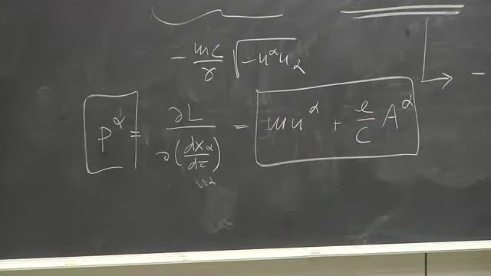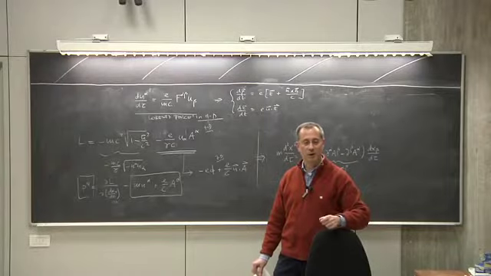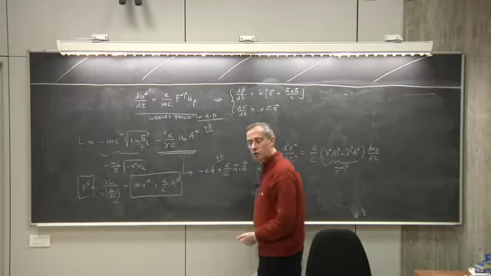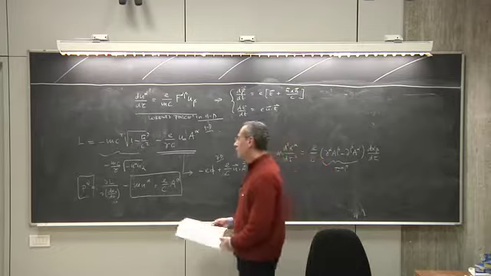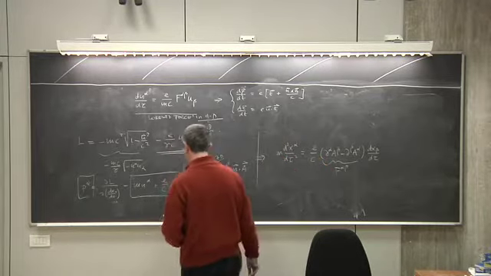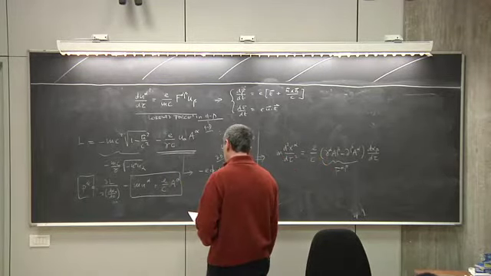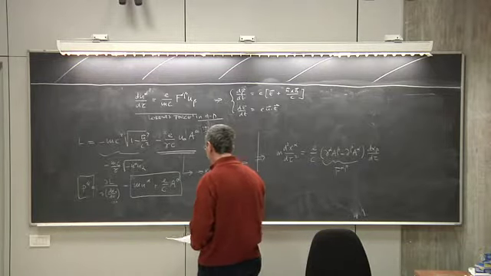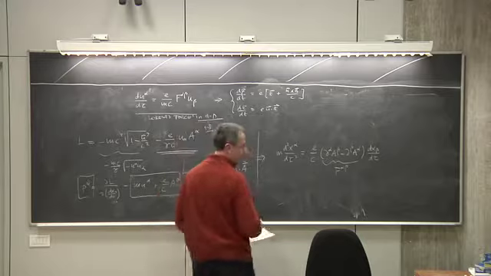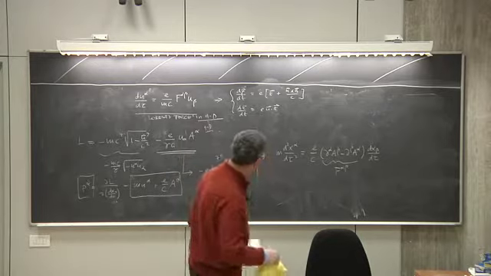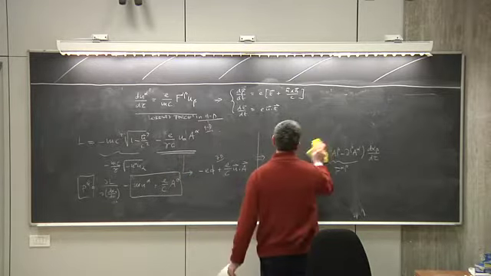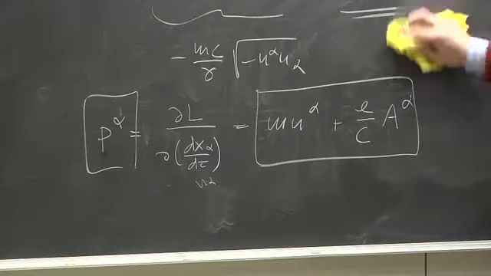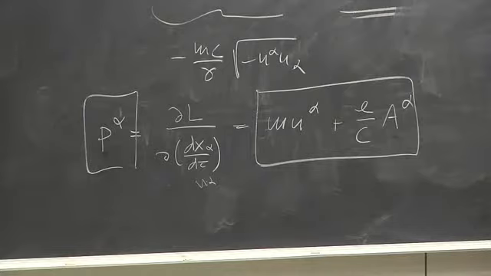So a charged particle in an electromagnetic field gets a momentum that has a component proportional to the vector potential. And now you can write the Hamiltonian, because you know the 4-momentum, so you can go from the Lagrangian formalism to the Hamiltonian formalism, if you still remember the thing.